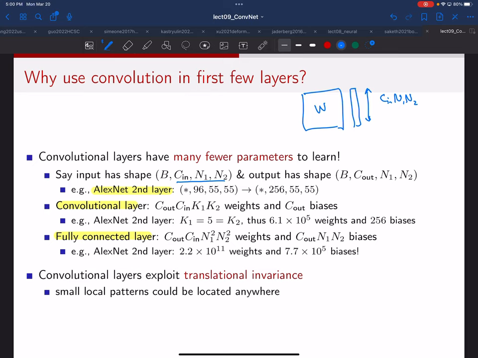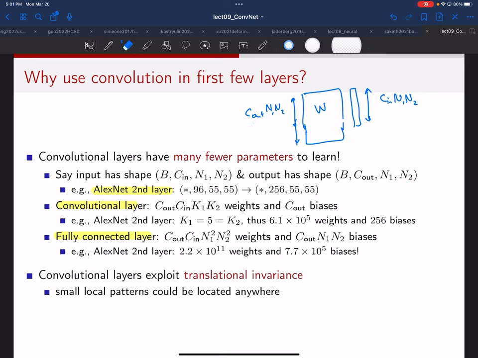Is that making sense? Okay. And then how many output elements? It's actually not square, it's tall. So that is going to be this: C out times N1 times N2.